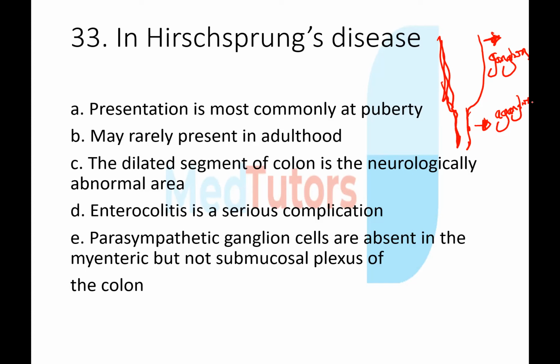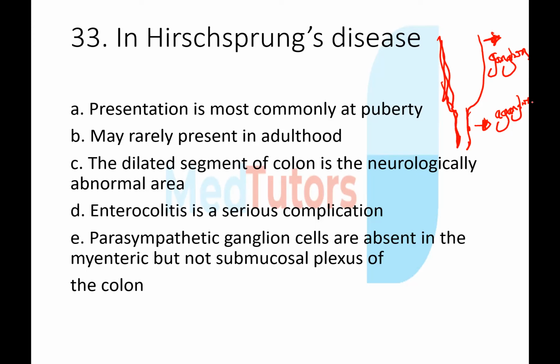Then D, let's go. Dilated segment of the colon is the neurological abnormal area. So that is false. Enterocolitis is a serious complication. Yes. Hirschsprung's associated enterocolitis is a serious complication of Hirschsprung's disease.